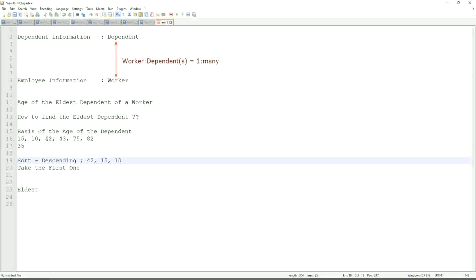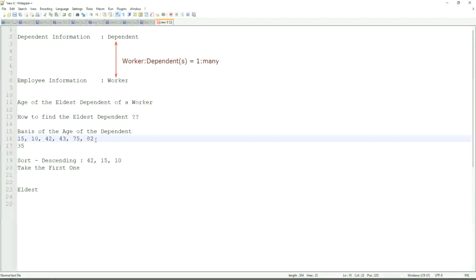Right. Only one problem is if there are multiple dependents with the same age. Right, if there are only children as dependents, and there is a twin the same age. So yeah, at that point it becomes difficult, but other than that it is more or less foolproof.